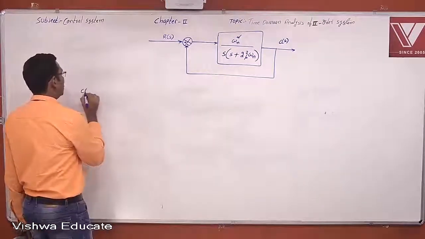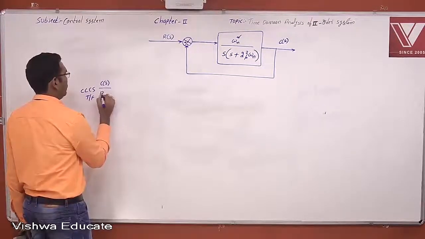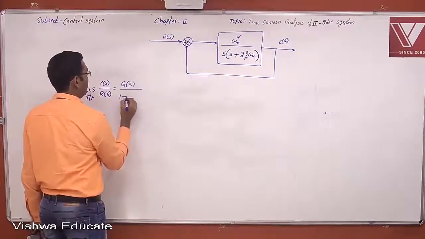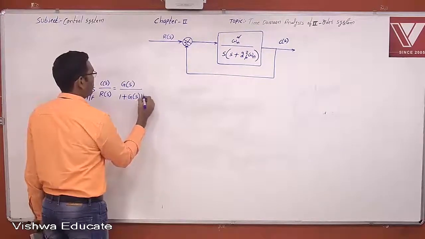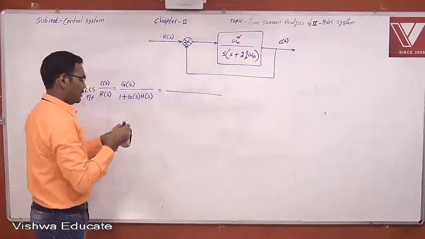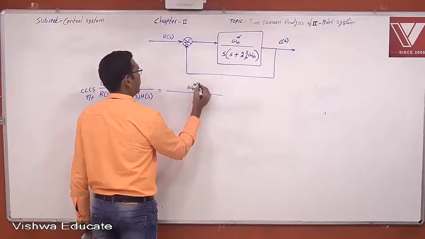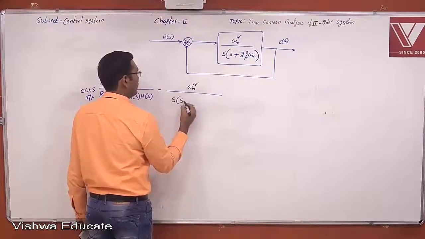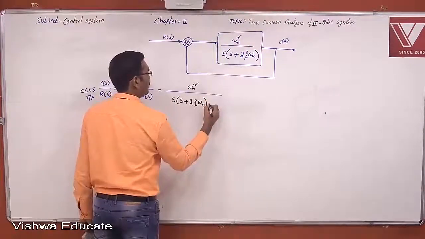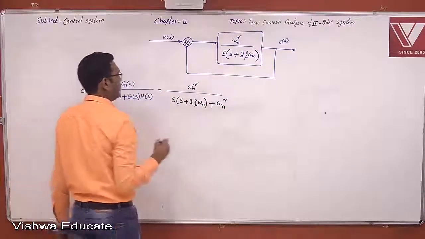Now the closed loop control system transfer function, C of S by R of S, is equal to G of S by 1 plus G of S into H of S. Now for the closed loop control system transfer function, the numerator is the numerator of the open loop transfer function, and the denominator is the denominator plus the numerator of the open loop transfer function. This should be the closed loop control system transfer function.